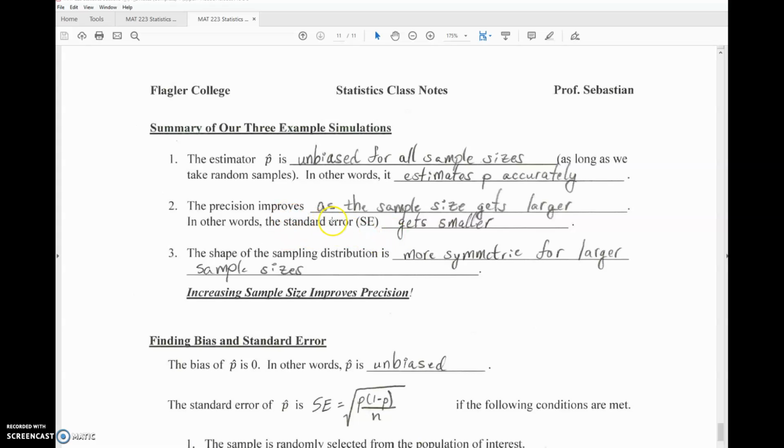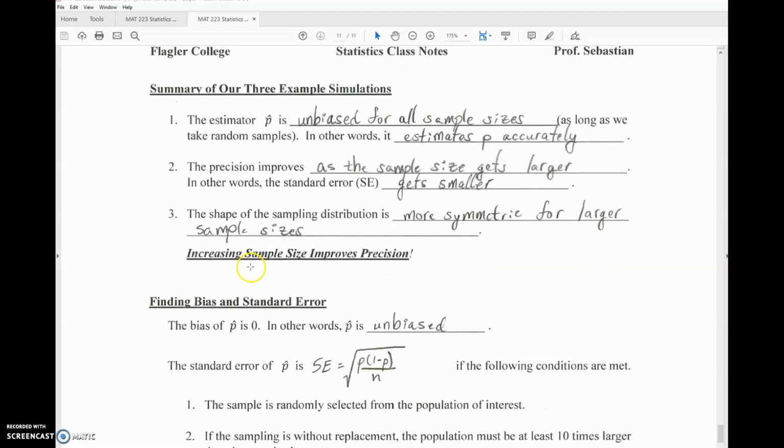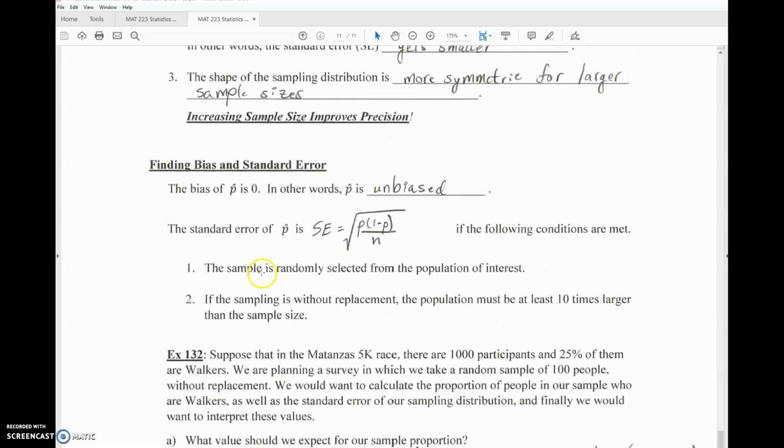In other words, the standard error, which is the standard deviation of our sampling distribution, gets smaller. The shape of the sampling distribution is more symmetric for larger sample sizes. The bottom line: increasing sample size improves precision. That's really important to remember.